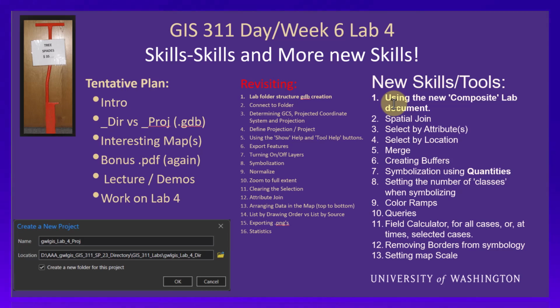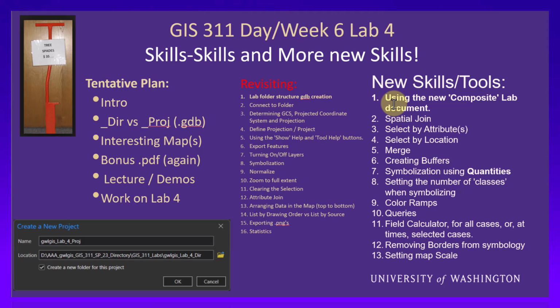For example, we're going to talk about using the lab composite document or lab compilation document, however you'd like to call it. We'll be doing a spatial join, select by attributes, select by location, a merge, creating buffers, symbolizing using quantities.